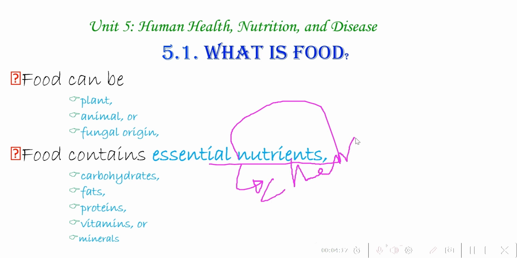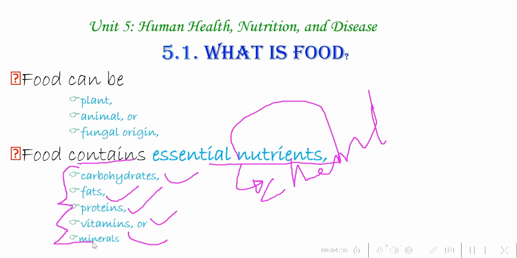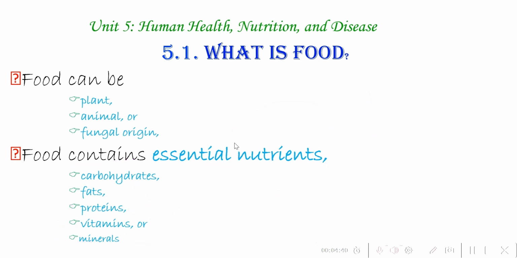The nutrient can be carbohydrates, fats, proteins, vitamins, or what? Minerals. So food contains carbohydrates, fats, proteins, vitamins, and minerals. These are the nutrients that can be included in a food.